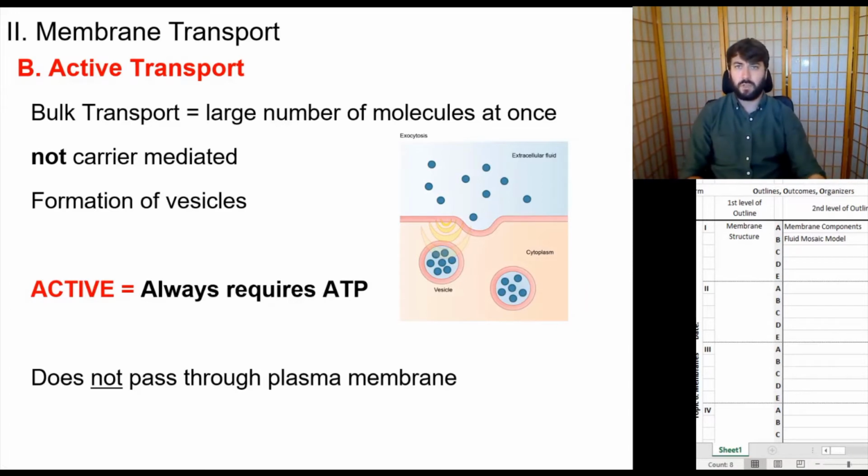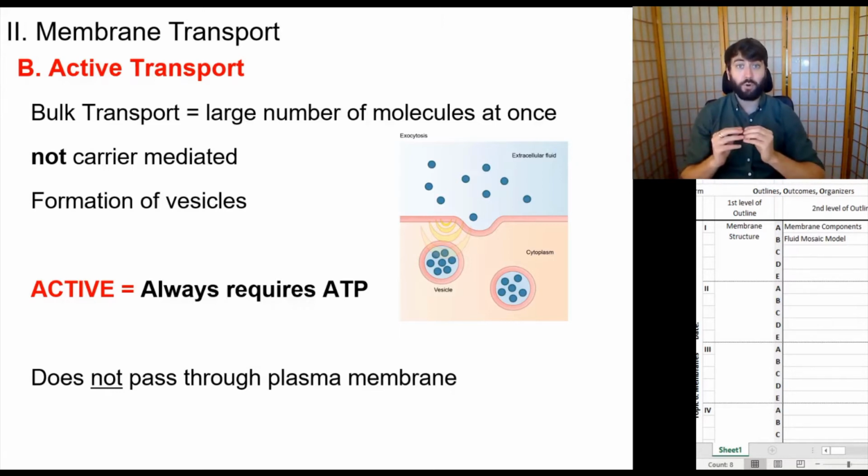Finally, another category of active transport is bulk transport, where you're, unsurprisingly, moving large numbers of often large molecules at once. Unlike the other forms of active transport, membrane proteins aren't necessarily involved, which means the things being brought into the cell do not actually cross the plasma membrane.